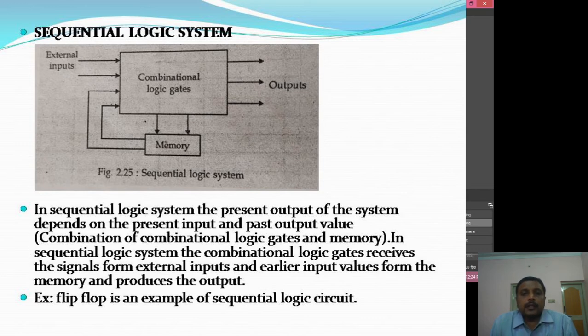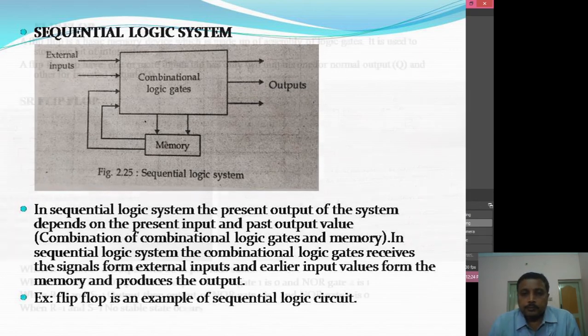So, in a sequential logic system, the combinational logic gates will receive the inputs from the external inputs as well as from the memory, and it will produce the outputs. An example of a sequential logic system would be a flip-flop. We will explain in detail what is meant by a flip-flop in the next slides.